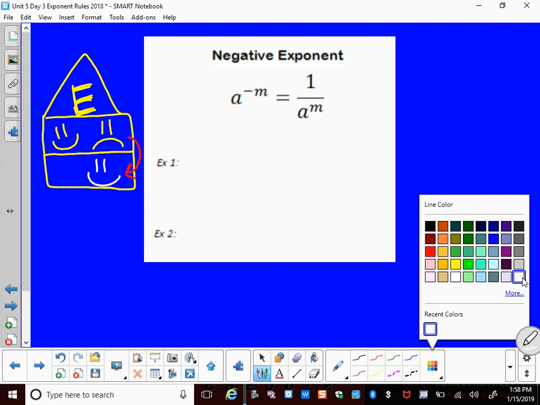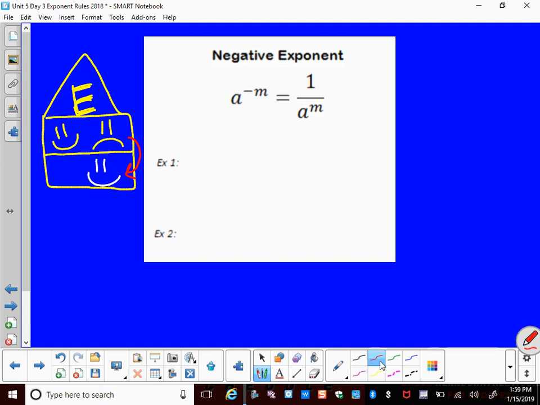The reason why I explain it like this is because when we have exponents that are negative, we do not like them. Okay? Like here, I have a negative exponent. I immediately want to draw a division symbol. If it's not already there, then I'm going to draw it. Here's your first example. Let's say I have x to the power of negative 2.